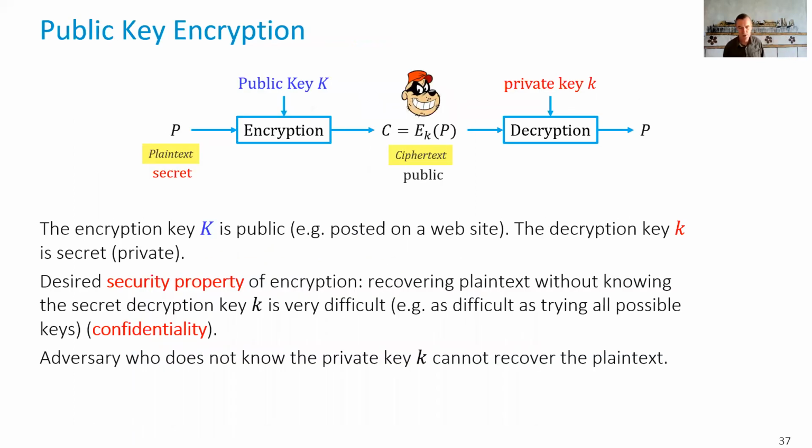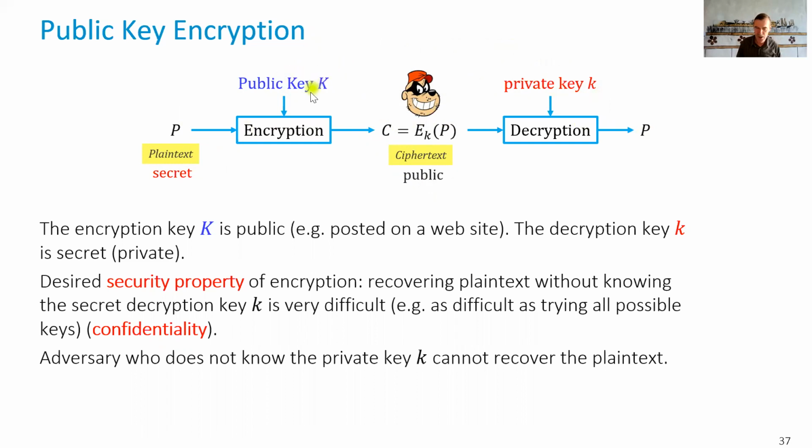Public key encryption is the same as asymmetric encryption, and it simply means, like before, I have a message to send. I want to hide it from any passive attacker that can spy on me. So I encrypt it with a key, and whoever receives it will decrypt with a key also. The difference here is that the key used for encryption is different from the key used for decryption.